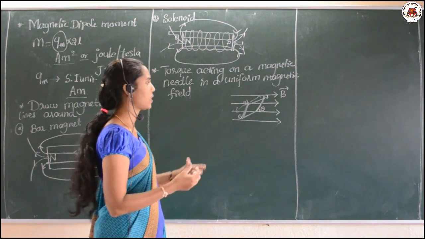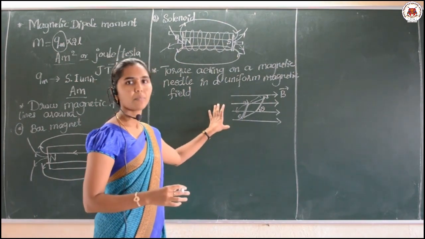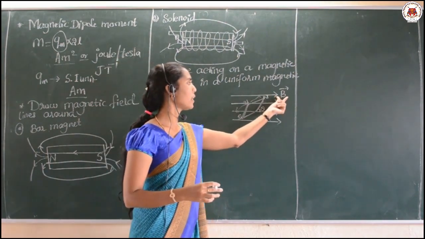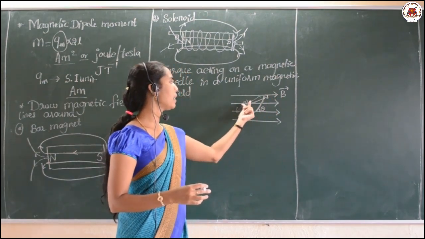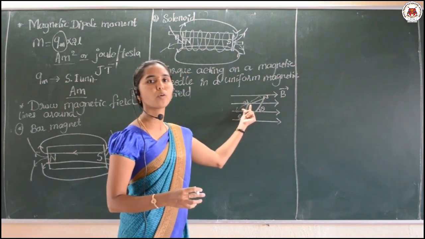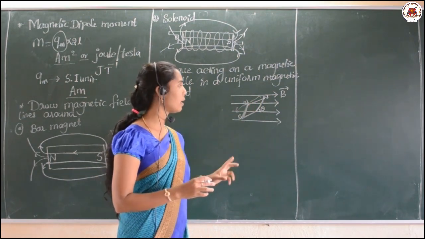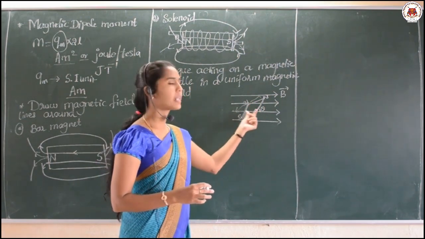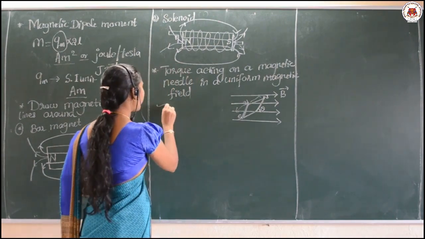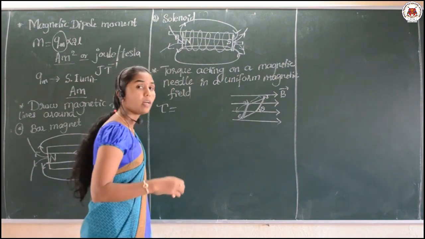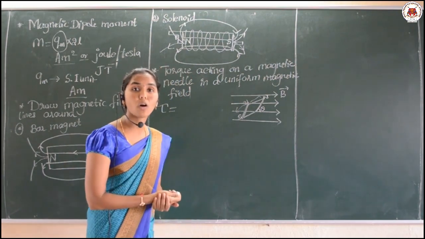Then what are the considerations? Consider a uniform magnetic field B and a magnetic needle of length 2L with a pole strength M kept in the field B, making an angle theta. In first PUC you learnt what torque is.